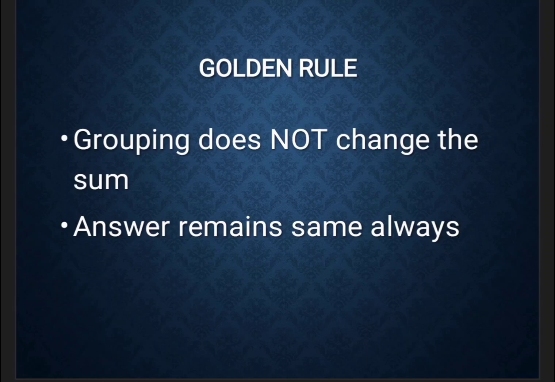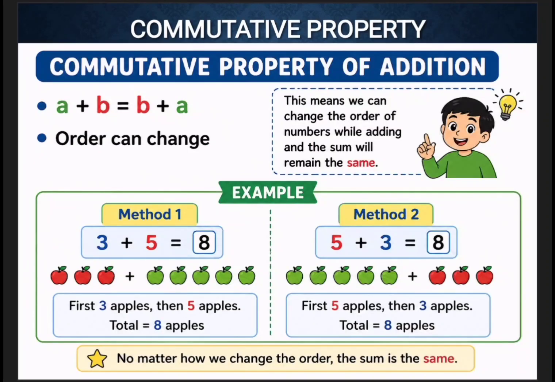The golden rule. The two major properties of addition are the commutative property and the associative property under grouping of numbers. The commutative property is more like a communication between two persons. It involves only two numbers, where A and B are two numbers, and the rule is A plus B is equal to B plus A. The order can change.